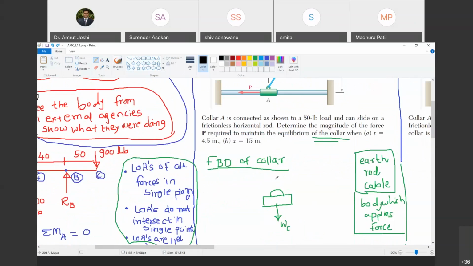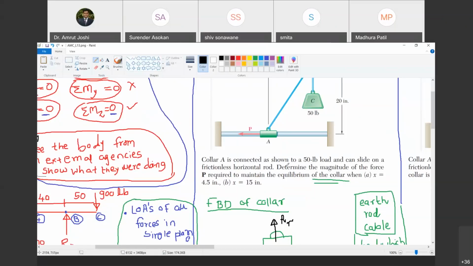It is going to be a force like this. Do you agree with me? Yes, sir. As it is the reaction offered by the rod, I am going to call it RR. Happy? Yes, sir.